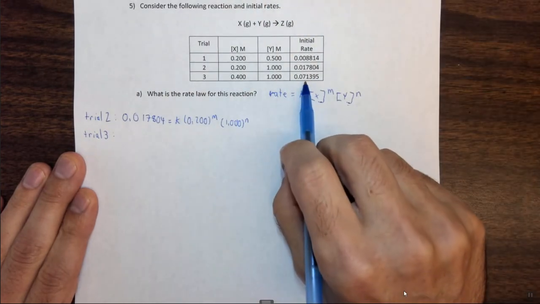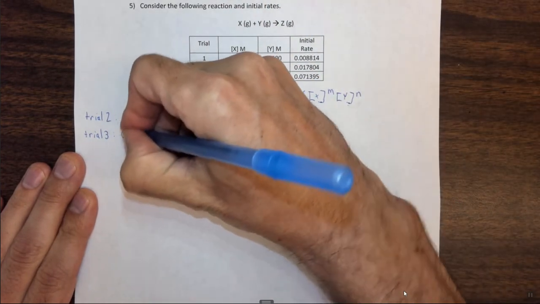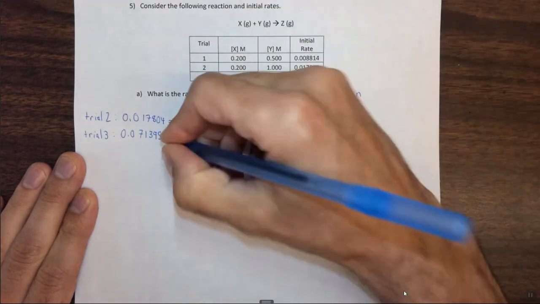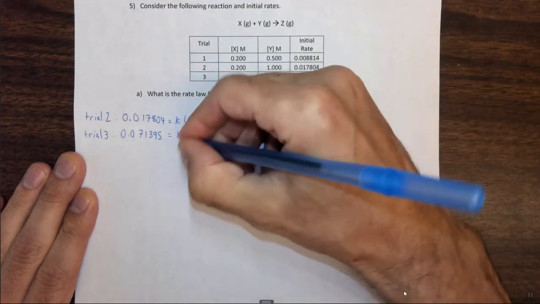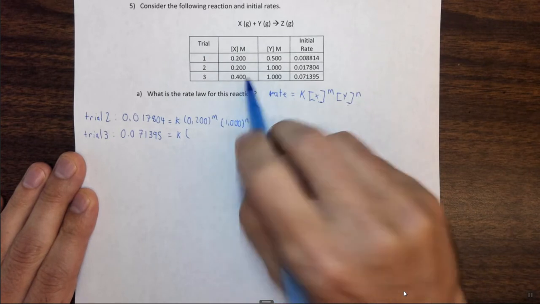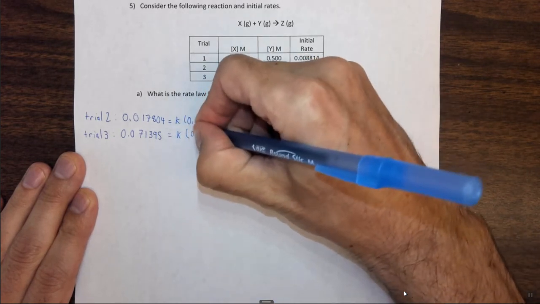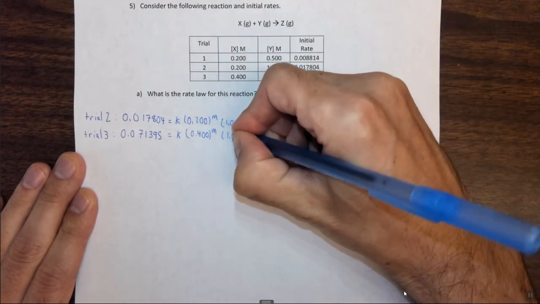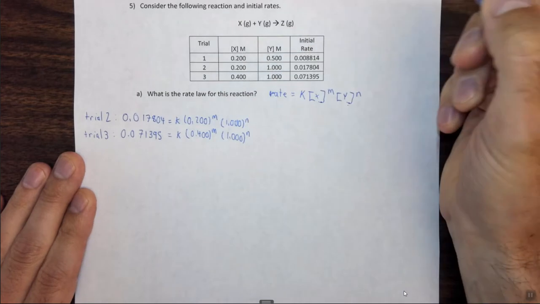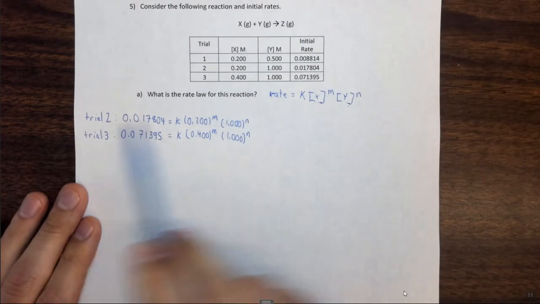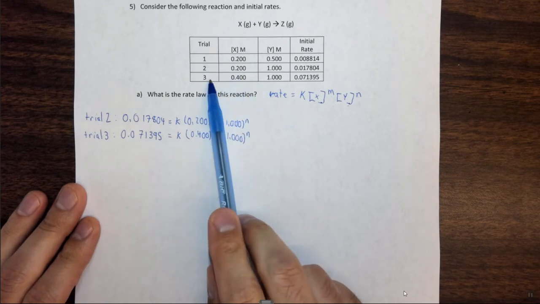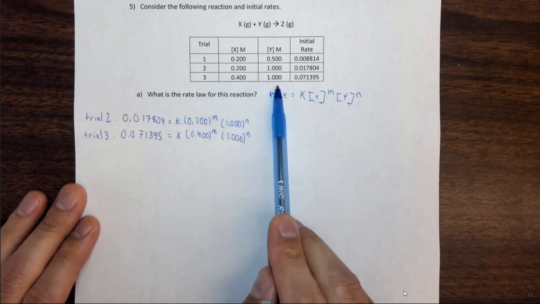So the rate for trial 3 is 0.071395 equals K, in this case X is 0.4 molar, and Y is again 1.00 to the N. So now we've plugged in all of our values for trials 2 and 3, which we picked because X changed and Y didn't.